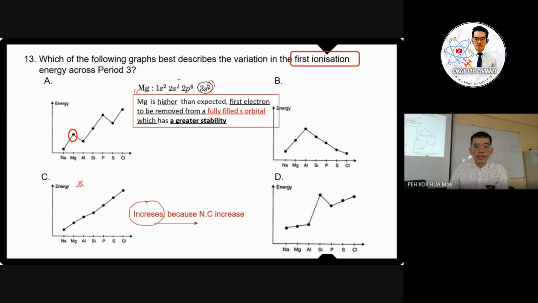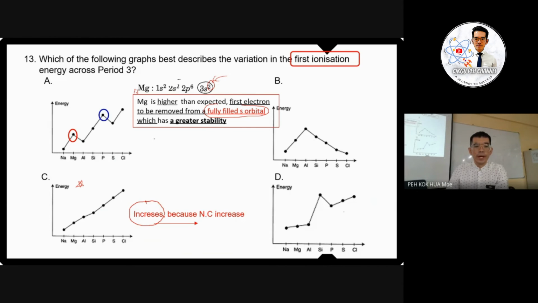So magnesium is higher than expected for the first ionization energy, because the first electron is removed from the fully filled s orbital, which is more stable. That means more energy is required to remove one electron from the fully filled orbital. Not only 3s, but others also the same.